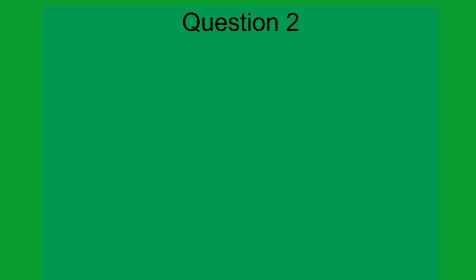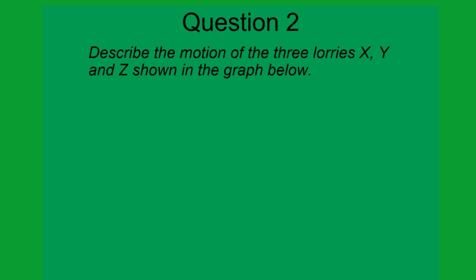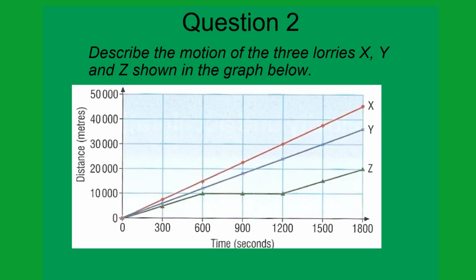Question number 2. Describe the motion of the 3 lorries X, Y, and Z shown in the graph below. Look at the graph here. There are 3 lorries X, Y, and Z. The distance-time graph for X is a straight line.